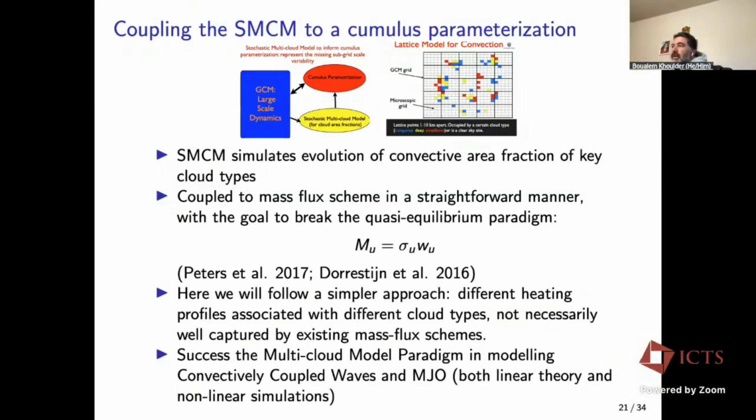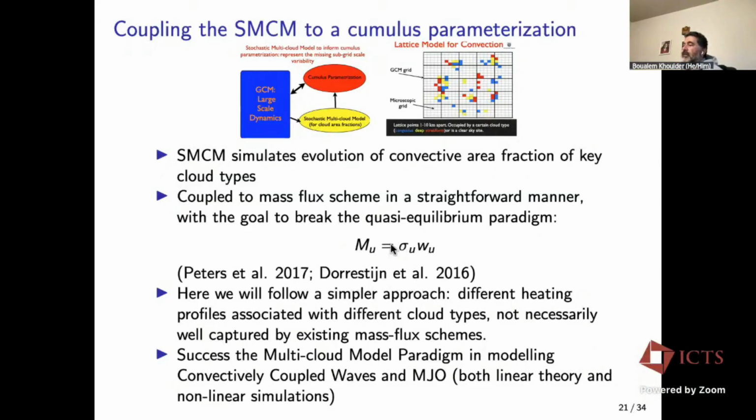Okay, good. So now I'm just going to show you some ideas about coupling the stochastic model. We've been doing this for a long time, and we have a lot of ideas how to do it, and I will show you a couple of them. There are also some groups who picked up this model and had their ideas, like Peters et al. and Donsky et al.